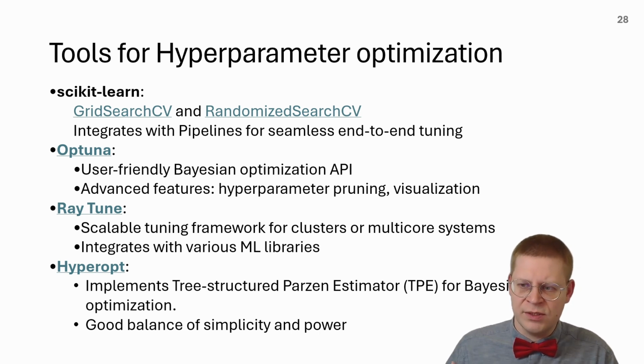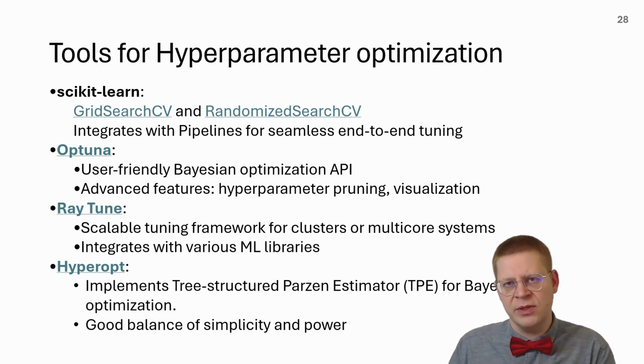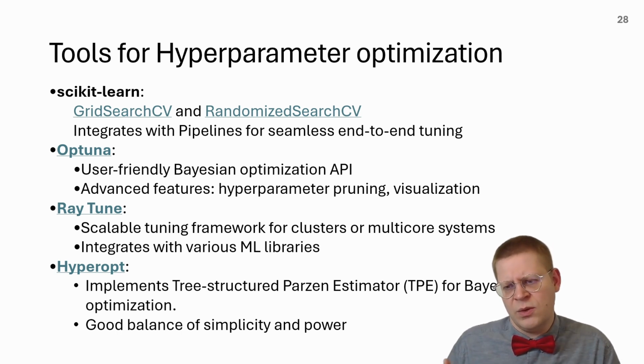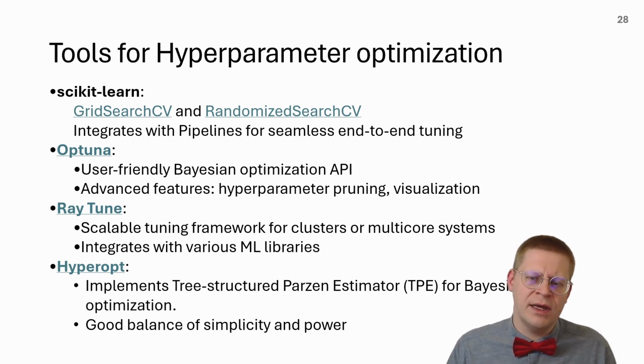Many people start with scikit-learn's built-ins, then move to something like Optuna, RayTune, or HyperOpt when they need more sophisticated or scalable optimization. In short, these tools let us move beyond the guesswork and systematically find hyperparameters that maximize our model performance, whether we're tuning a simple logistic regression or large ensembles on a distributed cluster.